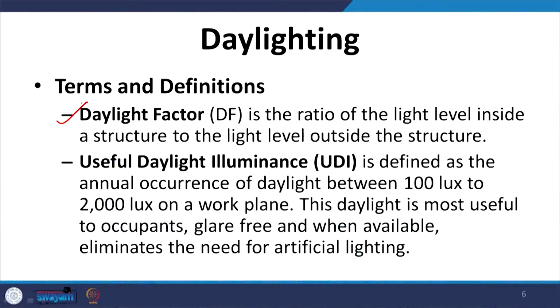Now, how do we ensure that there is sufficient daylight and how much is enough? To define that, several terminologies have been used and there are several definitions available. The two most common used in green buildings are daylight factor and UDI, which is called the useful daylight illuminance.